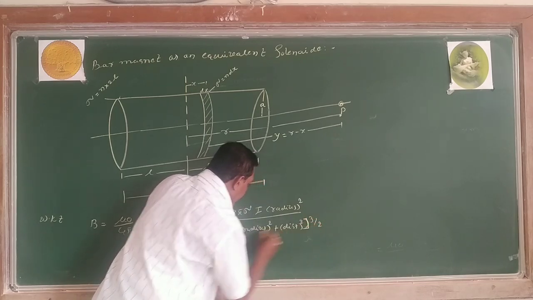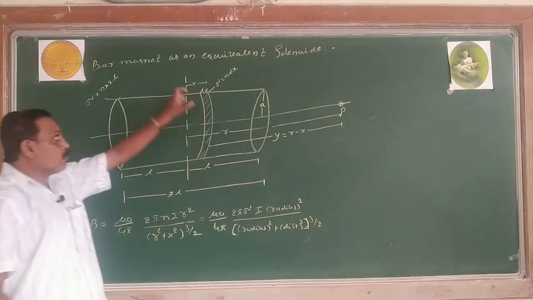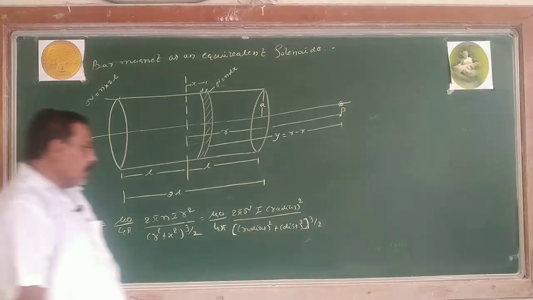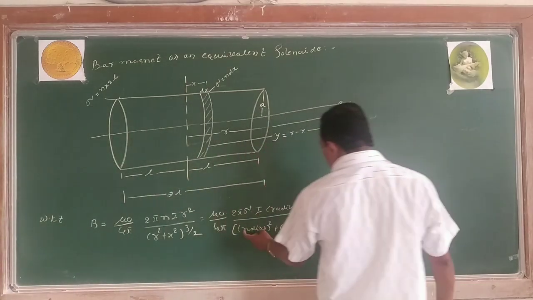This is my original equation. According to my figure, radius square divided by radius square plus distance square to the power 3 by 2.